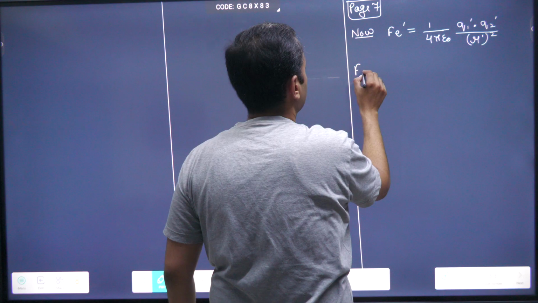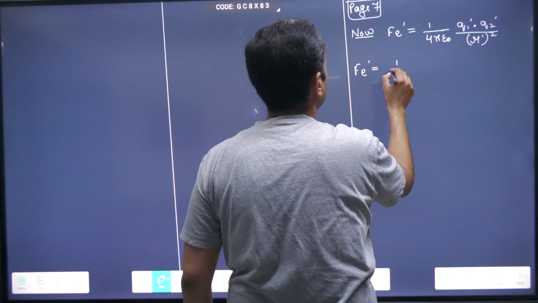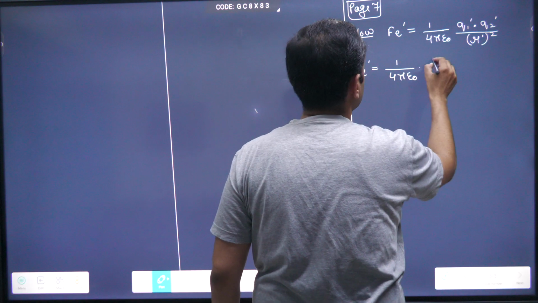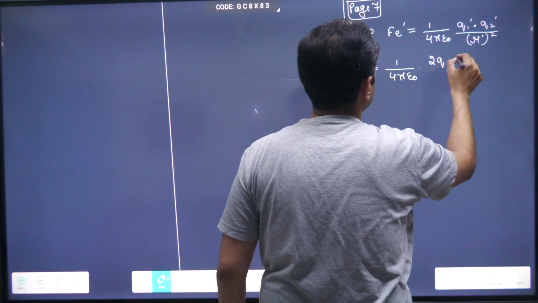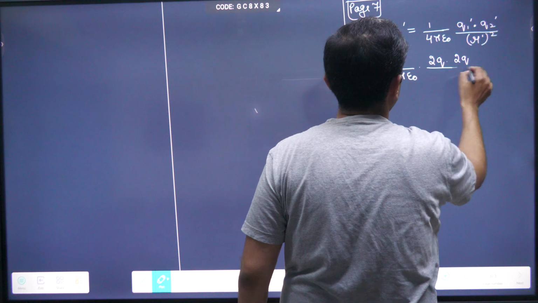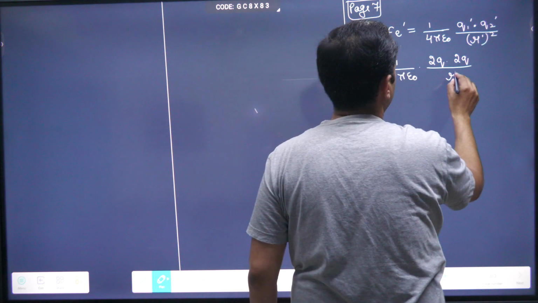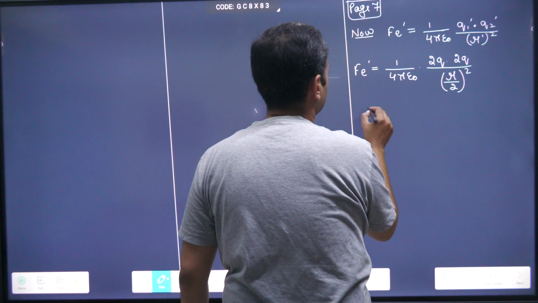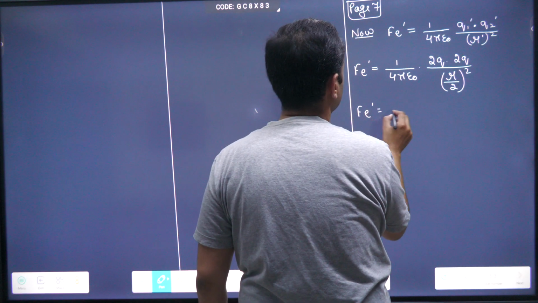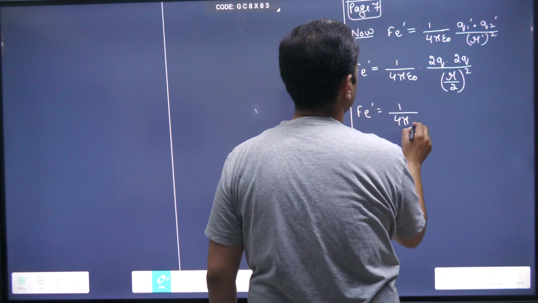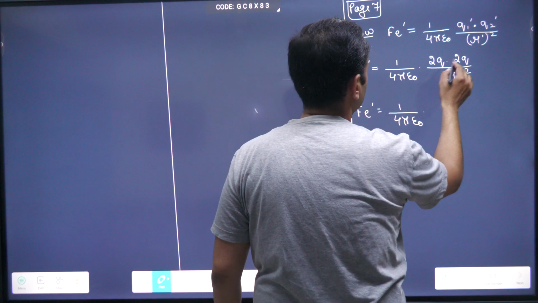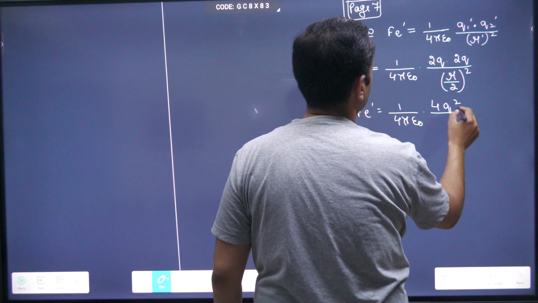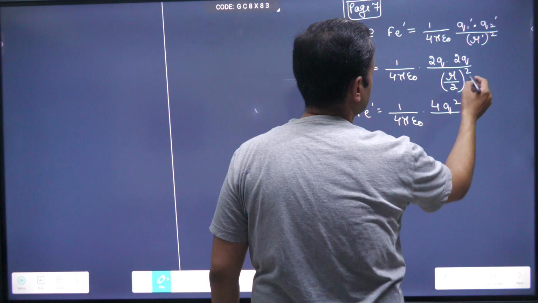What is Q1 dash? Q1 dash is 2Q. What is Q2 dash? It is also 2Q. What is R dash? It is R upon 2 whole square. Alright. Fe dash is equal to 1 upon 4 pi epsilon naught, 2Q multiplied by 2Q is 4Q square, and R by 2's whole square means R square by 4.